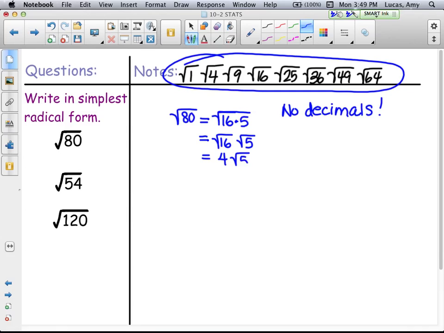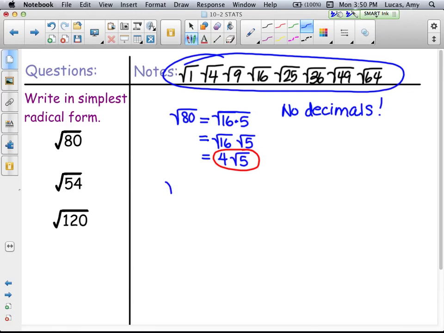So in simplest radical form, the square root of 80 is 4 times the square root of 5. That is my answer in simplest radical form. So I'm not doing a decimal approximation, I'm keeping it radical form, but I'm simplifying it until the number that's left under the square root does not have any perfect square factors.